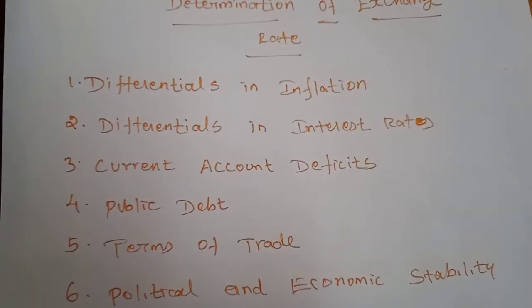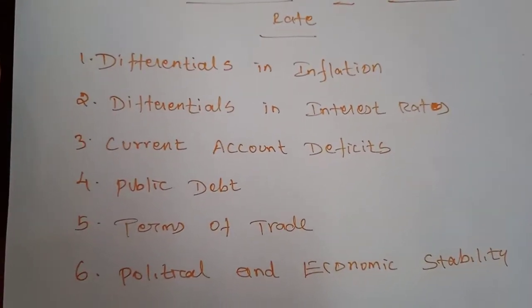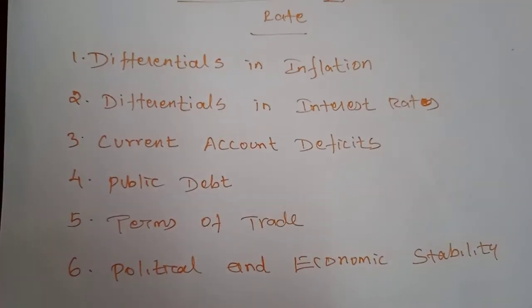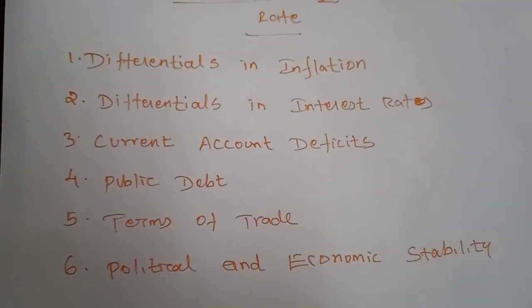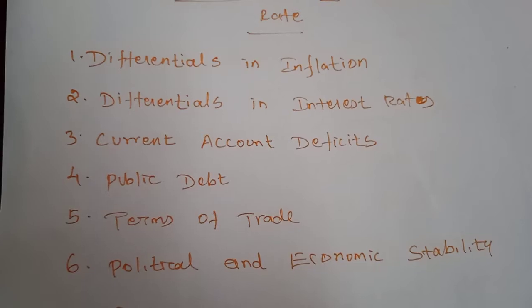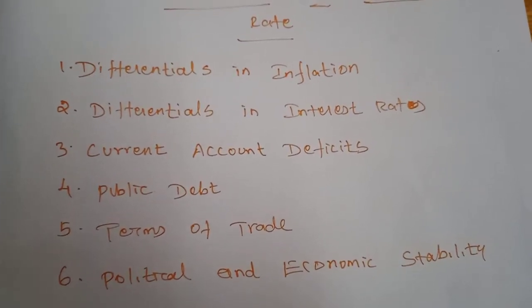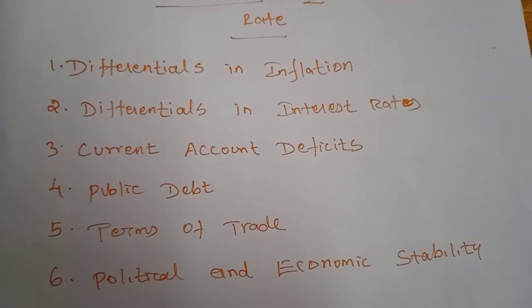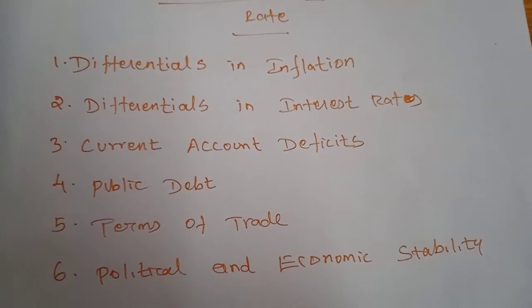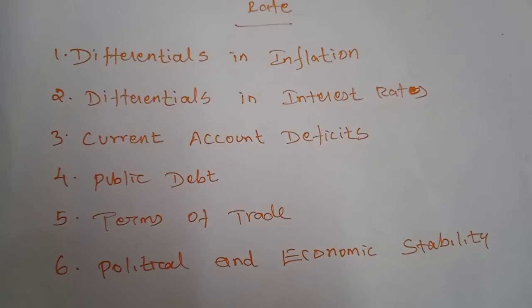First one is differentials in inflation. Inflation and exchange rates are inversely related. A country with a consistently lower inflation rate exhibits a rising currency value as its purchasing power increases relative to other currencies.